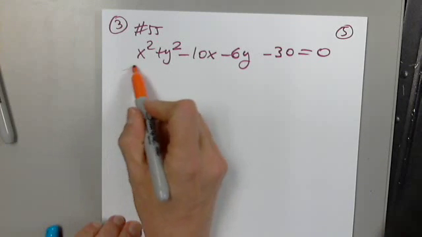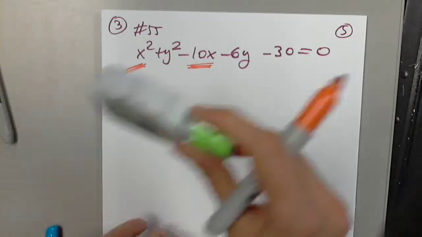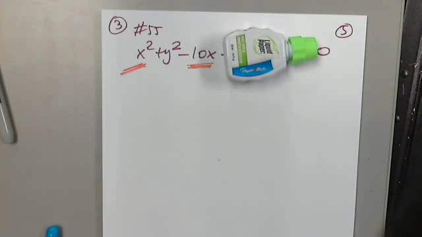So then I have to look at these 2 terms, nothing else for now, and identify the number that I have to add to both sides to complete the square with x squared minus 10x. What do you think? Middle coefficient.